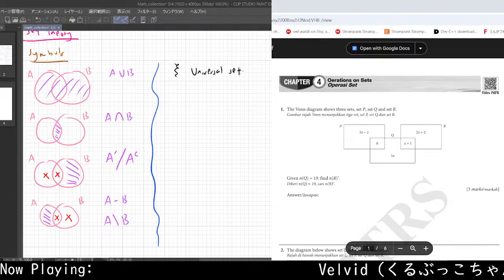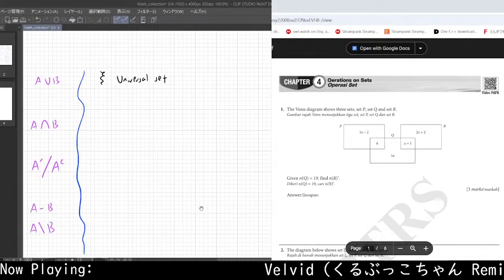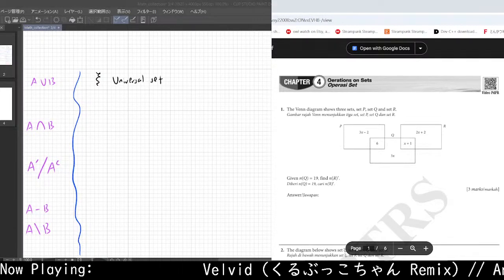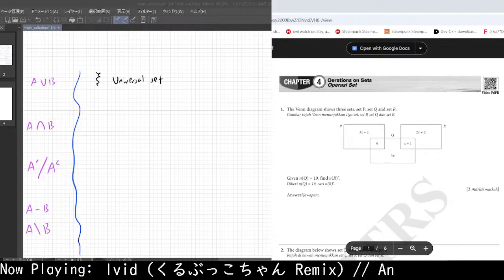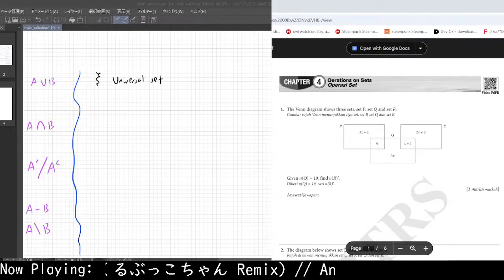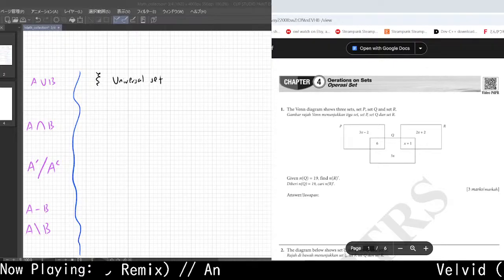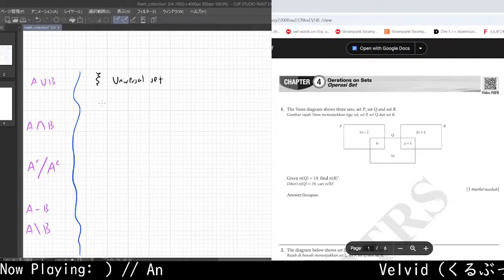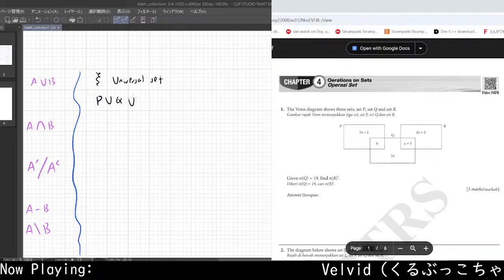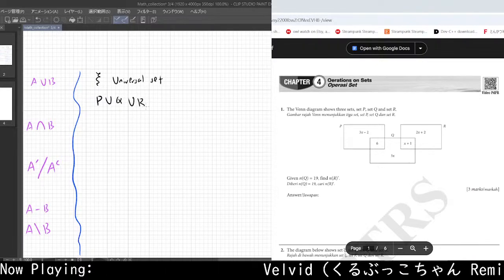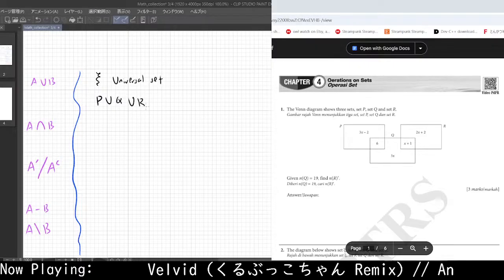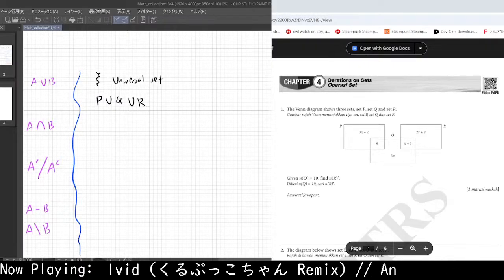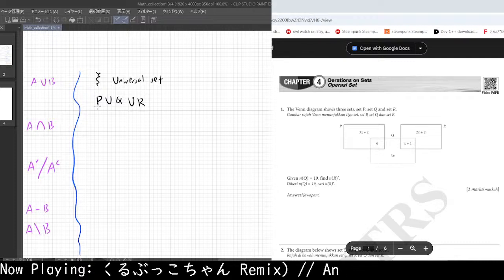For example, for question 1 over there, since there is nothing outside of P, Q, R, these three sets combine together to form the universal set, and we write them as P union Q union R. You take everything from P, from Q, and from R, and therefore this forms the universal set, which is this squiggle over here.